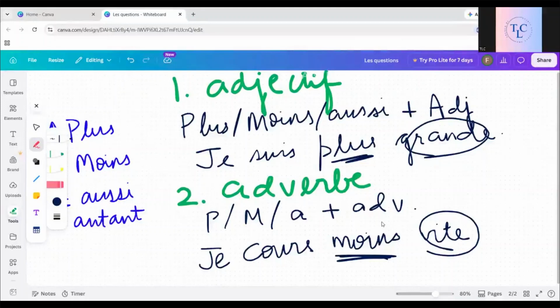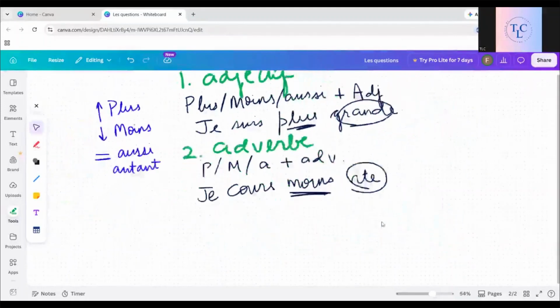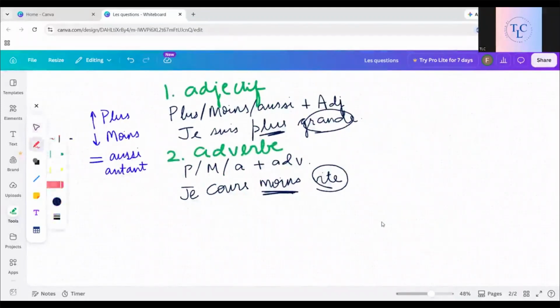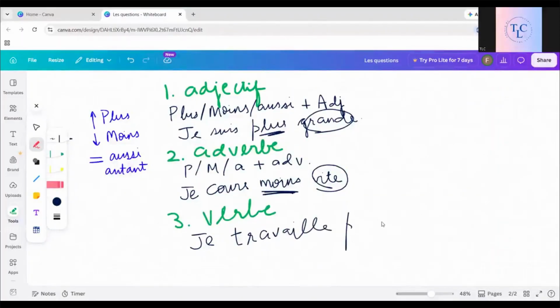Now, what if it is a verb? Okay, that I work more. So, je travaille plus. Okay, so we'll add it after the verb.